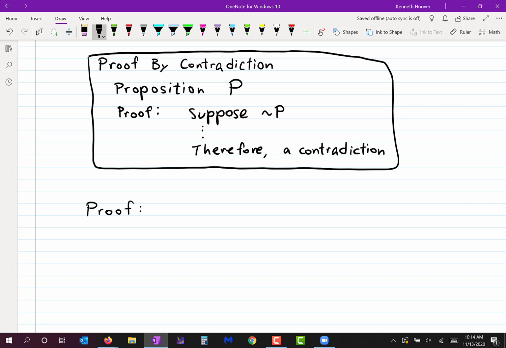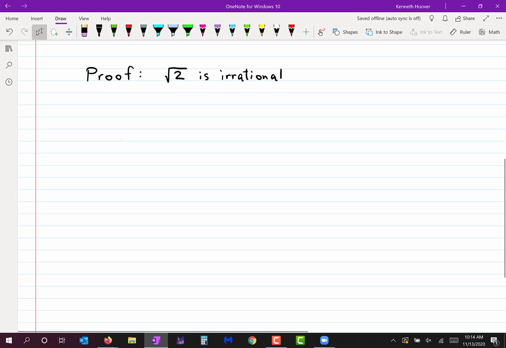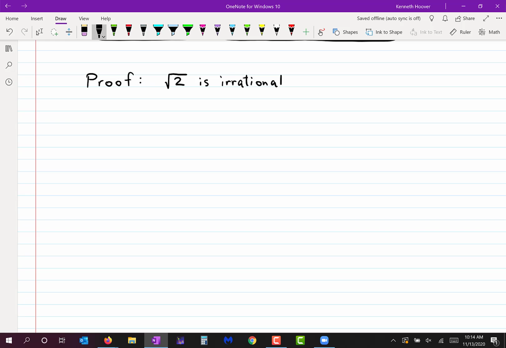So we're going to start by proving that the square root of 2 is irrational. This was originally done by Archimedes, and this is the way that he did it. Okay, so here's what we're going to do. We're going to start by supposing the negation. So what's the negation of being irrational?